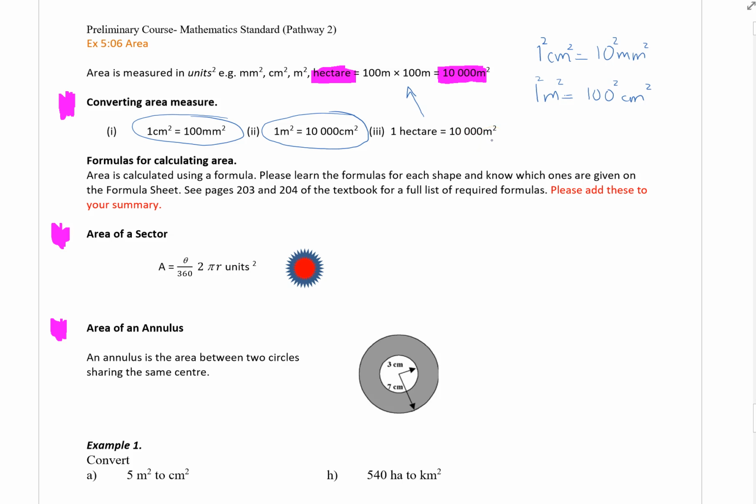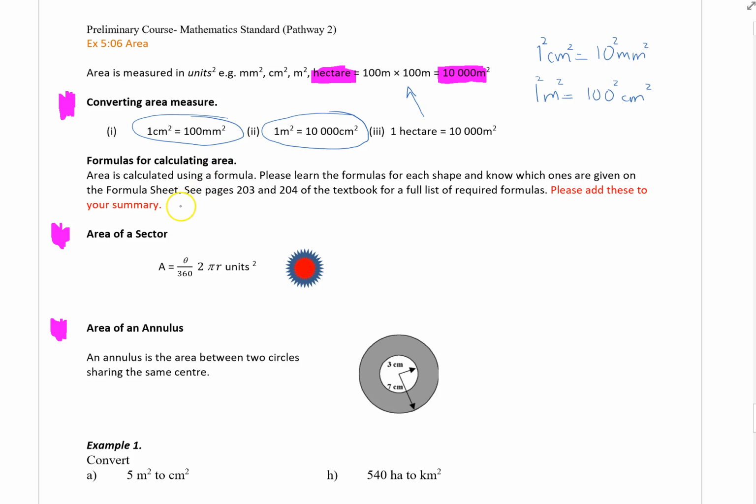As we work through this exercise, you'll come across different formulas for calculating area. There are only a few on the reference sheet, and I started last exercise to point out the formulas that are there.